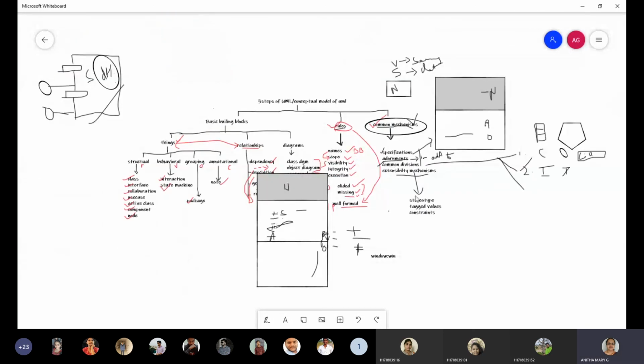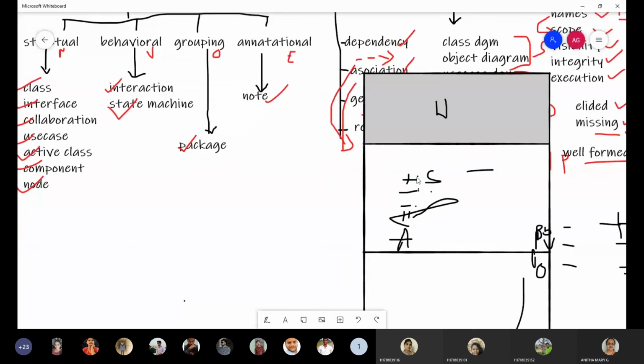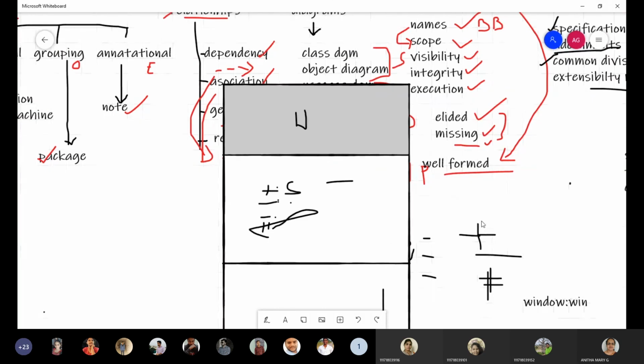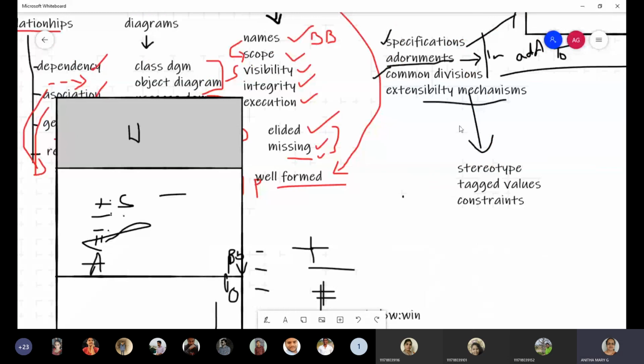So I'm talking about extensibility mechanisms.